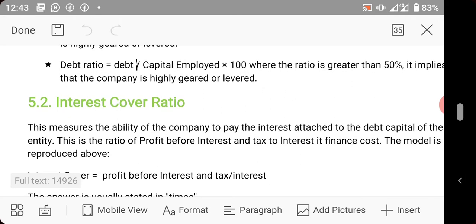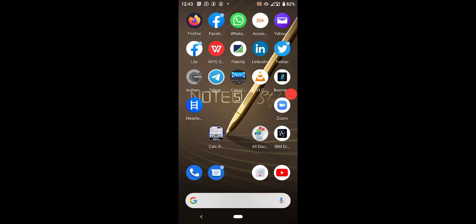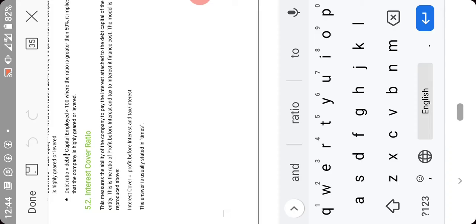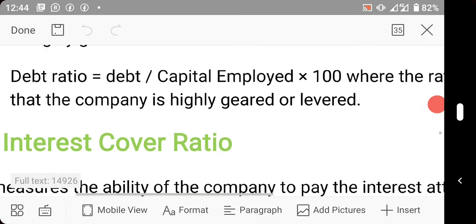Then we move down to the interest cover ratio. It is important that we look at it this way.